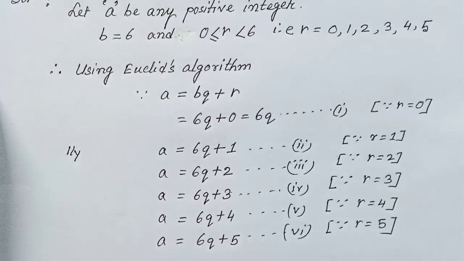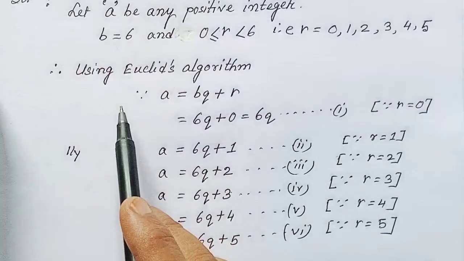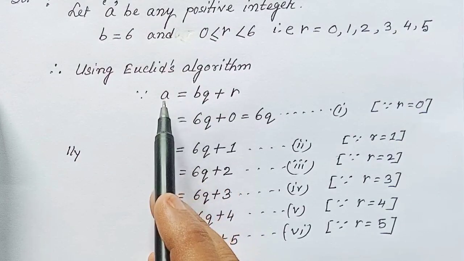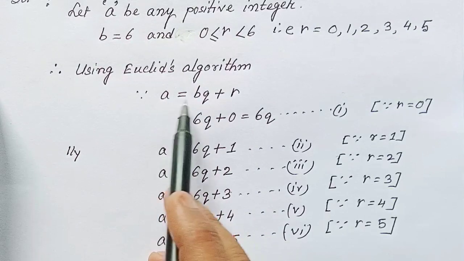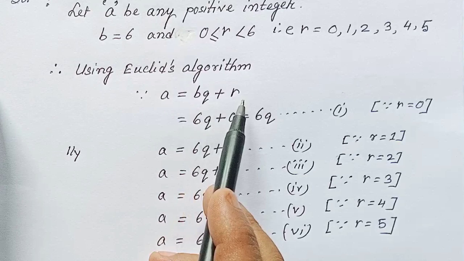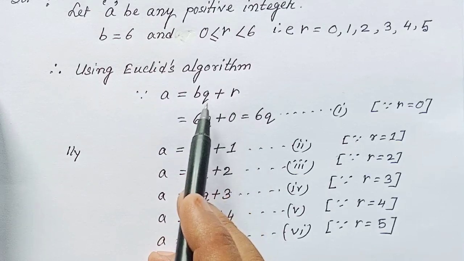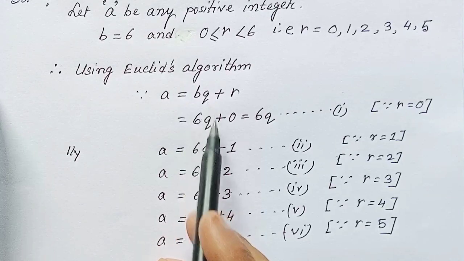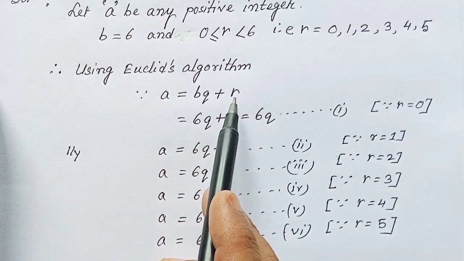What is Euclid's algorithm? Euclid's algorithm is a equal to bq plus r. a is the dividend, b is the divisor, q is the quotient and r is the remainder. So what is the divisor here? 6, and here is q plus r.